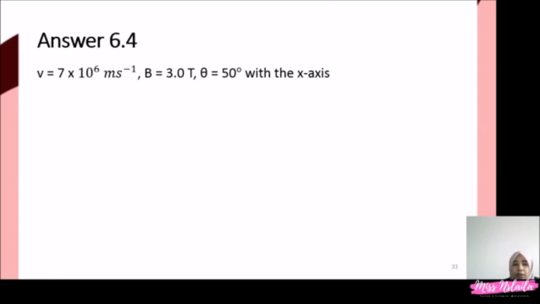So the answer for question A, the direction of magnetic force will be directed on the positive Z axis. Okay, so you can check with your answer. Make sure that you understand the position of V, B, choose your method, and then determine the direction of F.